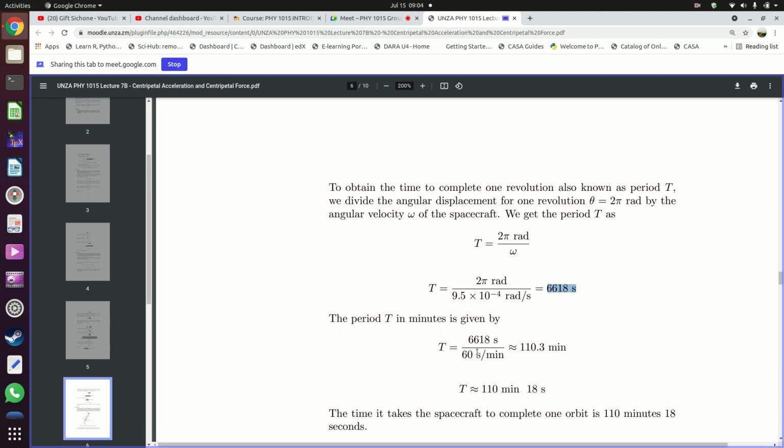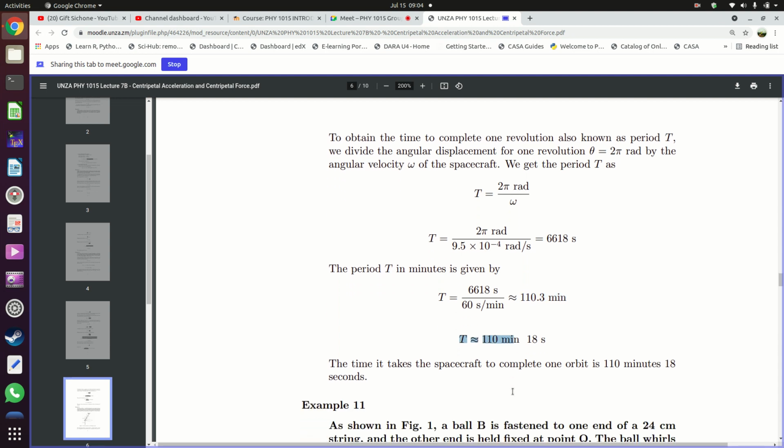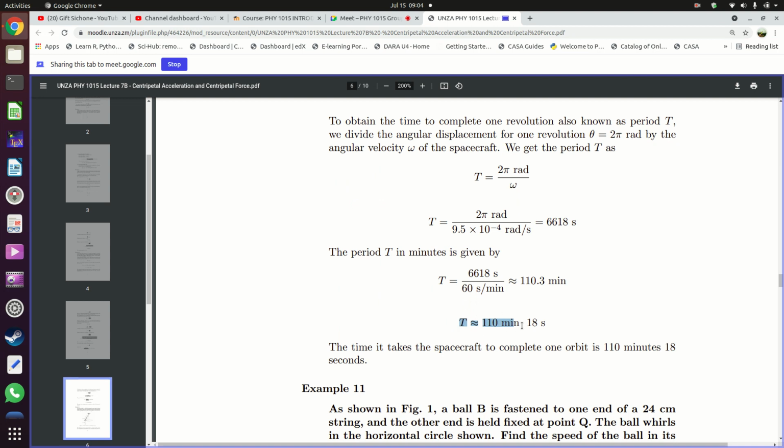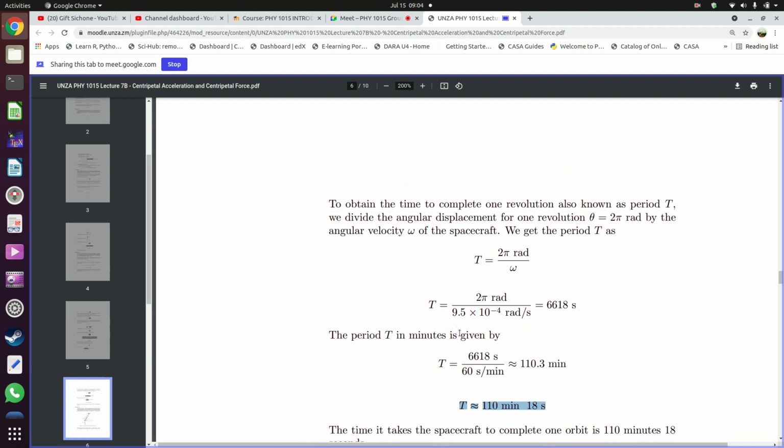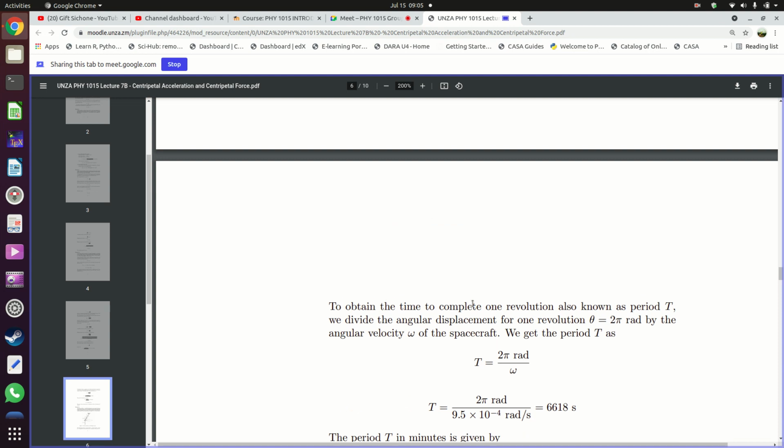If you divide this into minutes, T is going to be 110.3 minutes. Basically, that's 110 minutes 18 seconds. So that's how fast this spacecraft goes around the moon. Are we clear? I will need to rewrite some of these so that it's very clear what's going on.